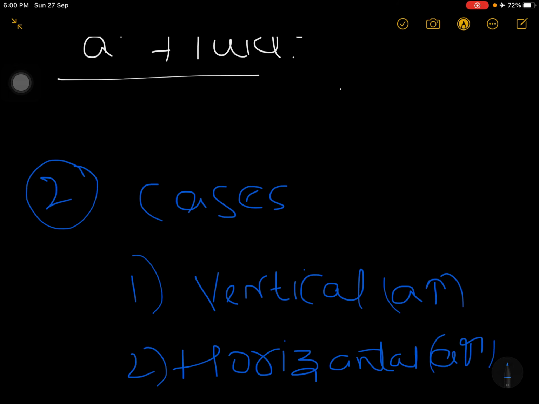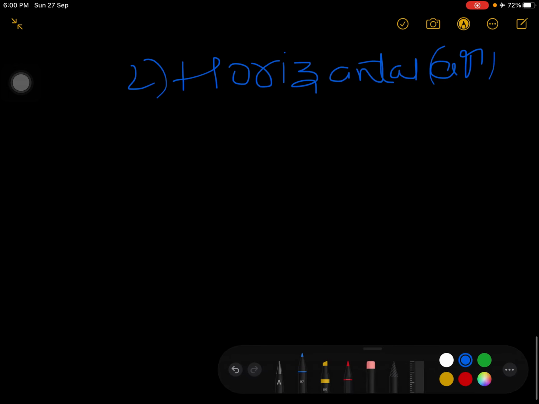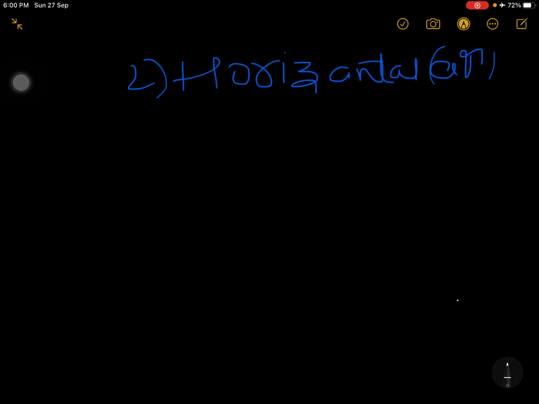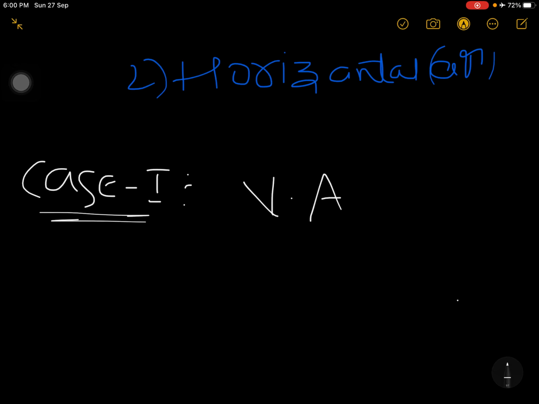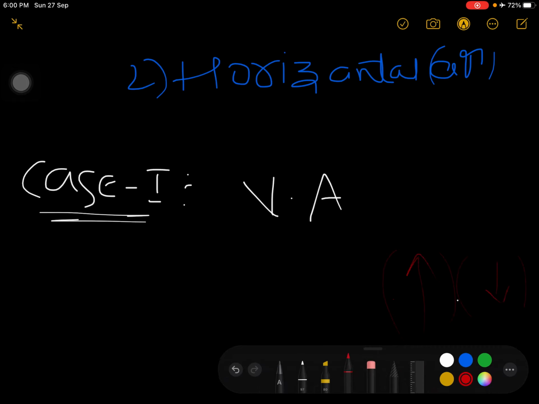Today we are going to discuss vertical acceleration, which is case 1. Vertical acceleration means it may be upwards or it may be downwards.